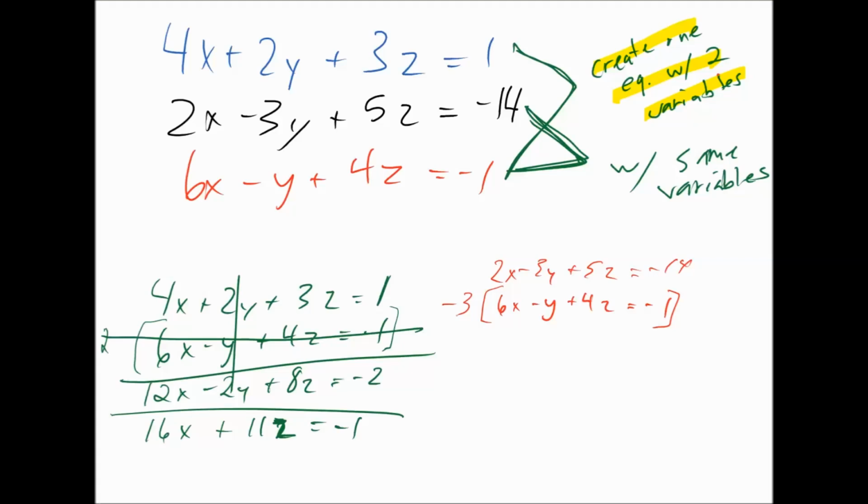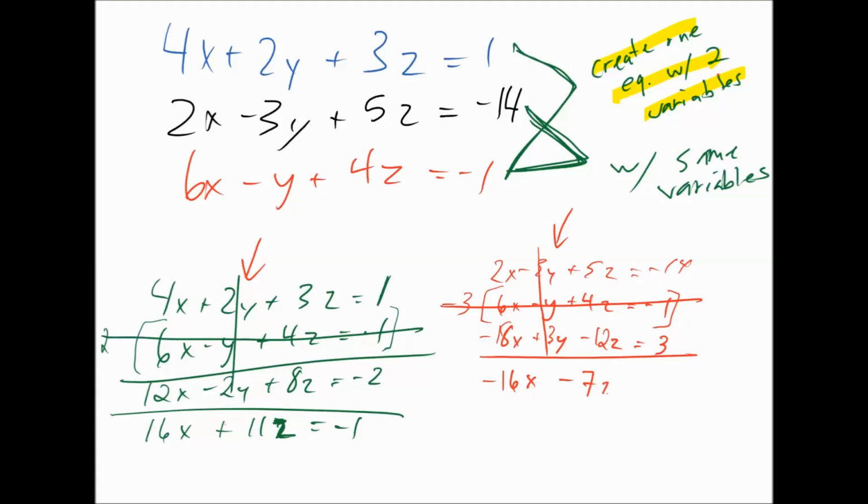Remember, we have to get rid of the same variable twice. We got rid of y here, we have to get rid of y here as well. So what's going to happen? Negative 3 times 6 is negative 18x plus 3y minus 12z equals positive 3. And now we're going to add those together to get our new equation, which is negative 16x, y's cancel, minus 7z equals negative 11.